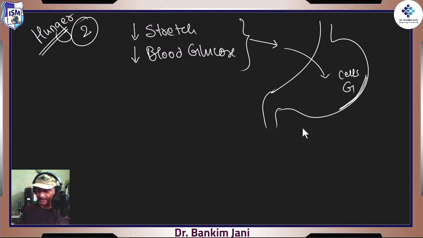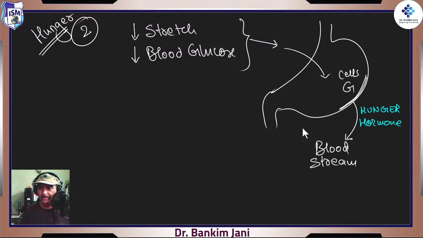So the vagus is already sending the message via nerves. Let's send another message by bloodstream. In the bloodstream, it would release a messenger, and this messenger is the hunger hormone. He'll say, okay, go to the arcuate nucleus and tell them how hungry I am.